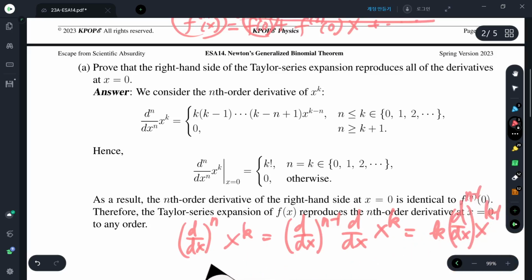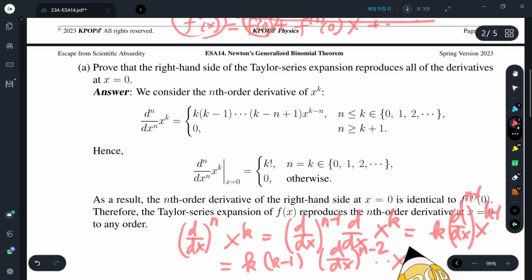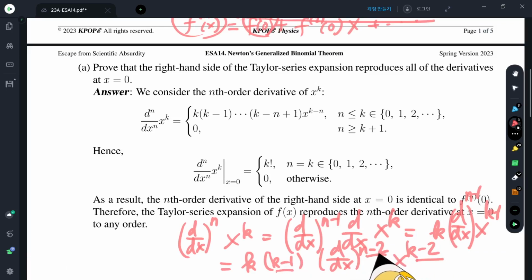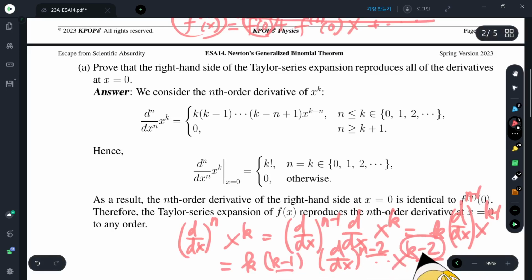So in this manner, I can obtain k, k minus 1, and the derivative is n minus 2, and x to the k minus 2, something like that. And these powers are the same, and this one is greater than n minus 2. This one is n, this is k. So we have a difference of 1.